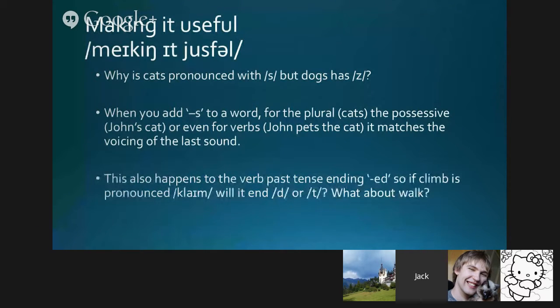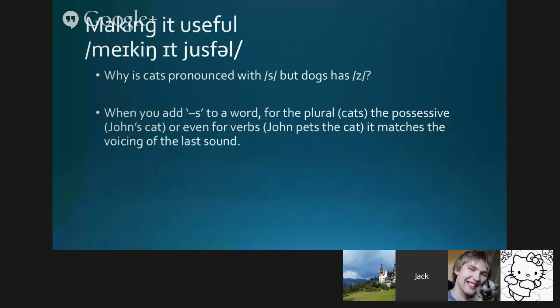If it's voiced, it'll be a voiced z. But if it's voiceless, s. Because cat ends in a t, which is voiceless, we get cats. But dog ends in the voiced g, so we get a z. Cats, dogs.